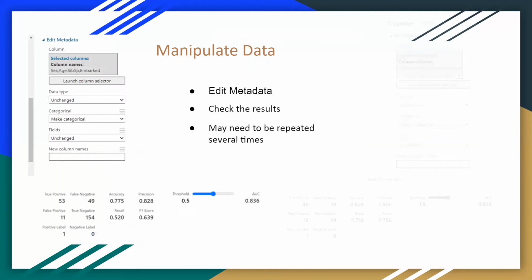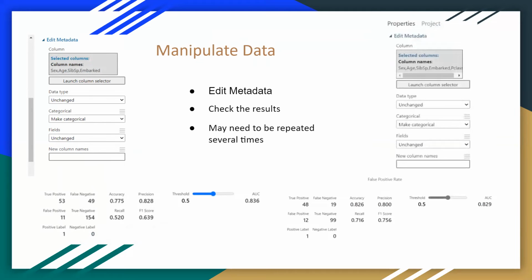In order to do this, we had to manipulate the data. We used a tool called Edit Metadata, which allowed us to do a column selector and choose what data we wanted to use.